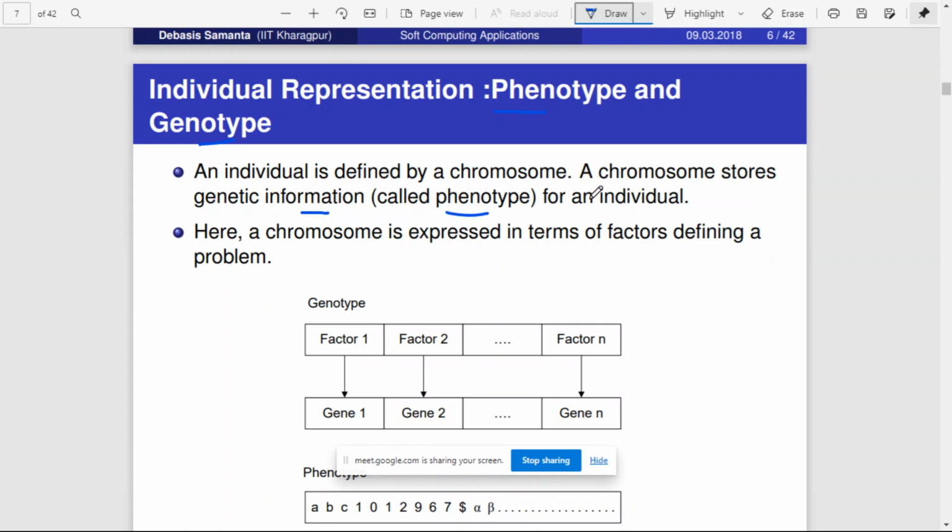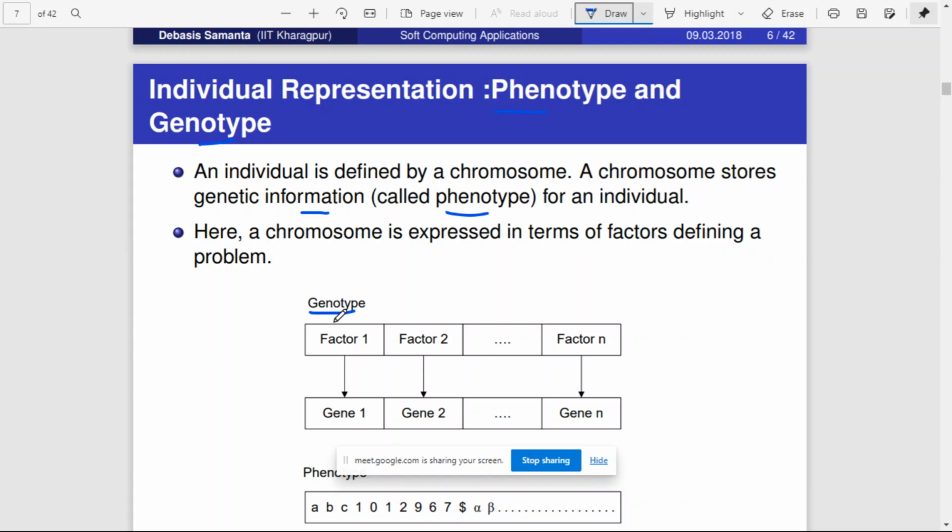We know that the chromosome contains genetic information, but that is a generic statement, and that is called genotype.